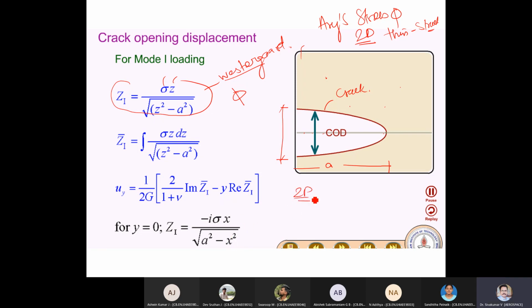What is the interest here? Sigma x, sigma y, and tau xy, only three unknowns. To find these three unknowns, Airy developed a solution procedure.